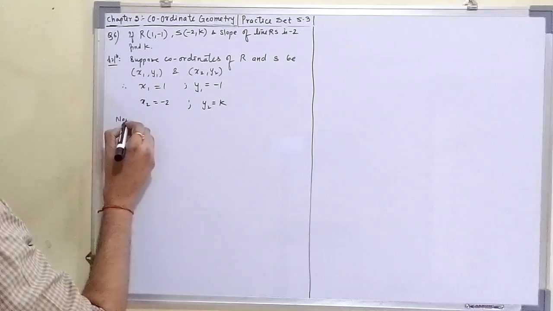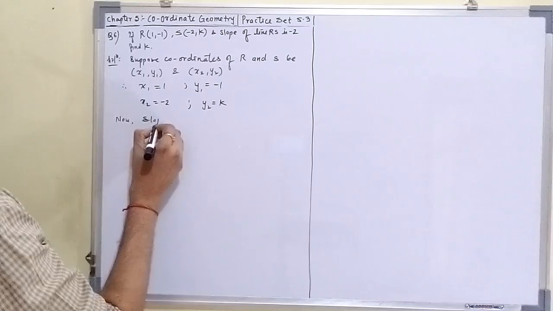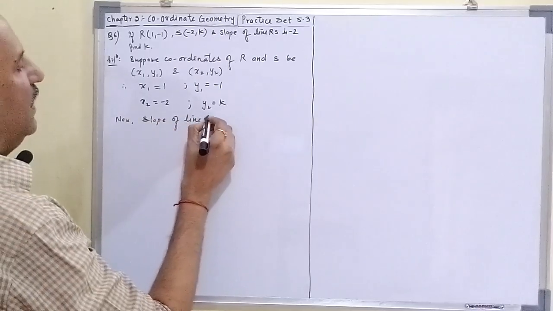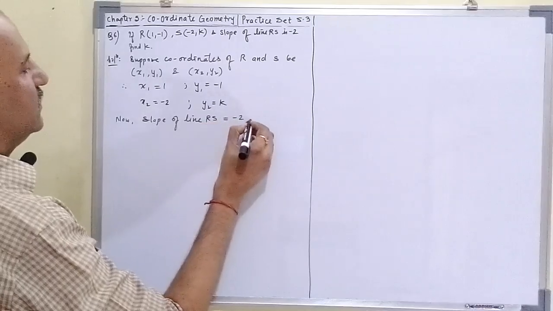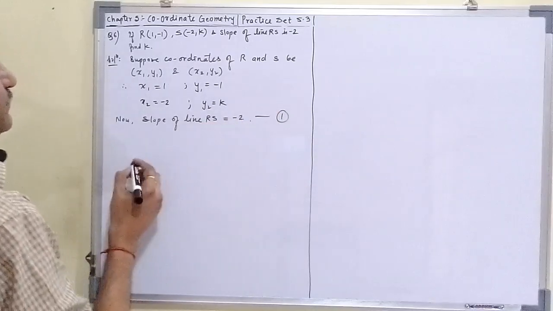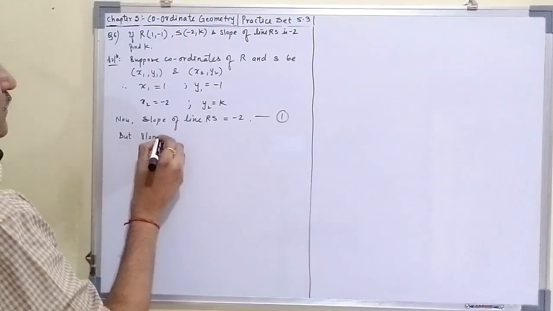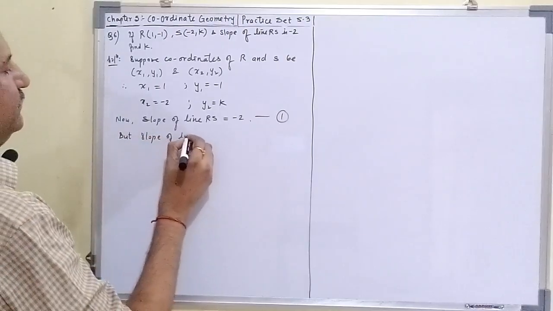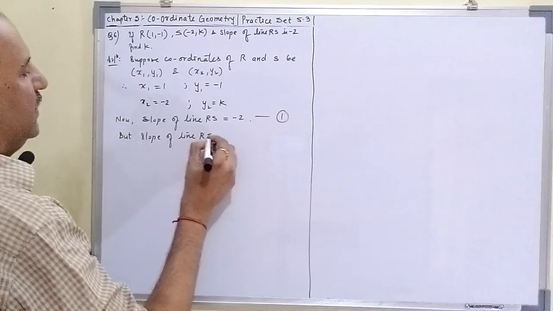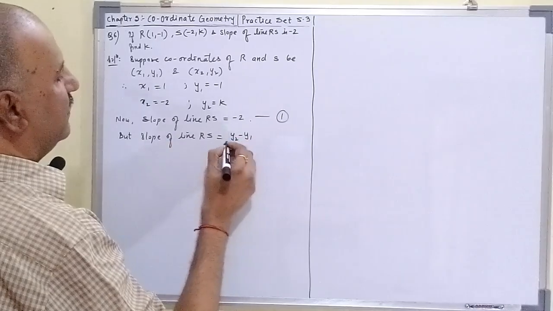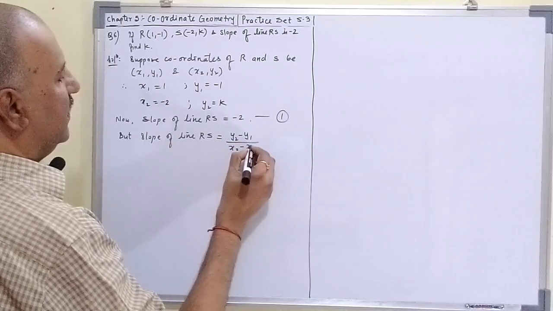Now, slope of line RS is equal to minus 2. But slope of line RS is y2 minus y1 upon x2 minus x1.